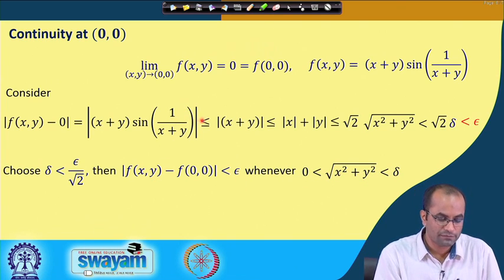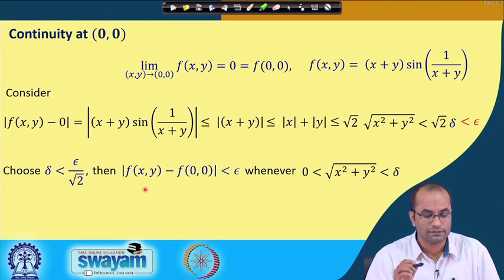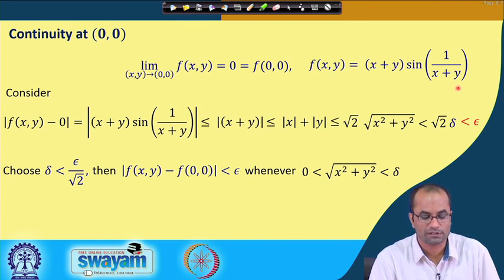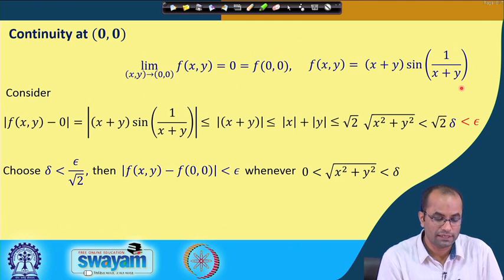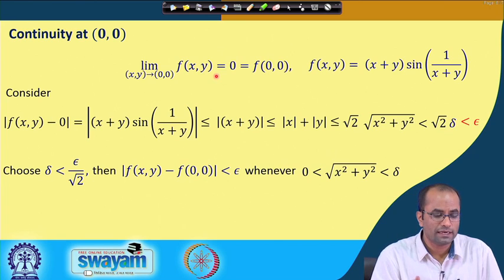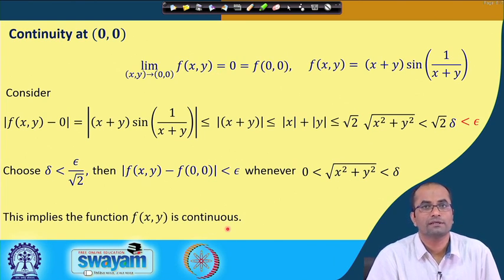So, this is the epsilon delta approach to prove that the given number is the limit of the function, which is here x plus y times sin 1 over x plus y. What we have seen is that 0 is the limit of this f x y function. So, in that case we have proved the continuity. So, this implies that f x y is continuous.